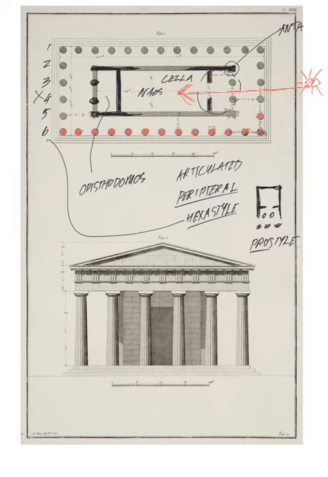And when columns here in front, these columns, sit in line with the antae, then we say they are columns in antis. And you can see them here on the elevation as well.